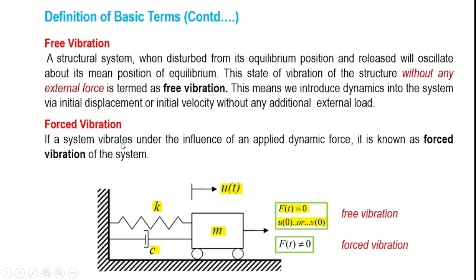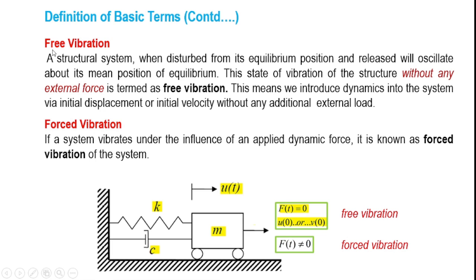If the system vibrates under the influence of an applied dynamic force, then that's a case for forced vibration. Means that in the case of a forced vibration, Ft will not be equal to 0. That is very important.